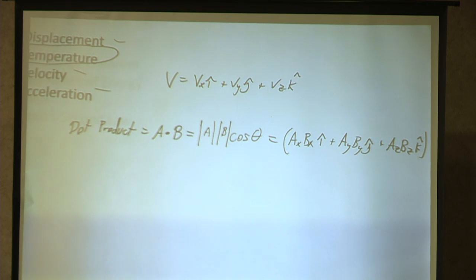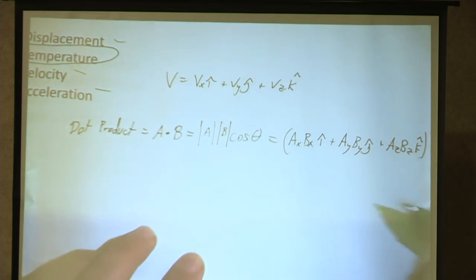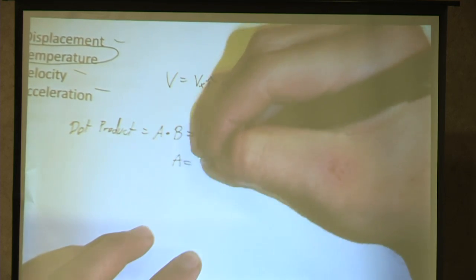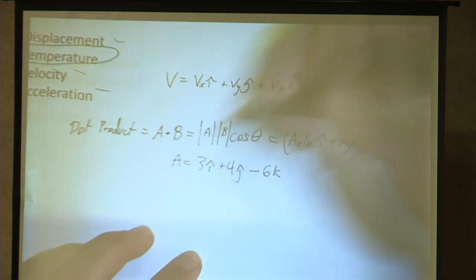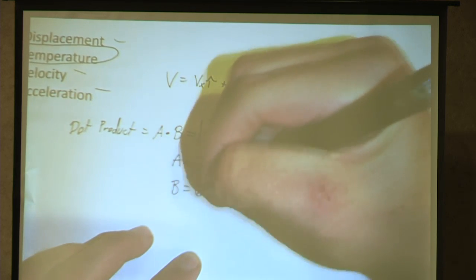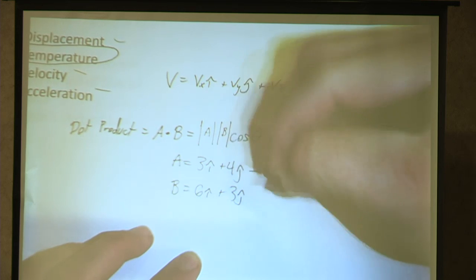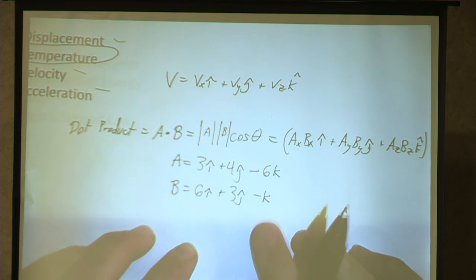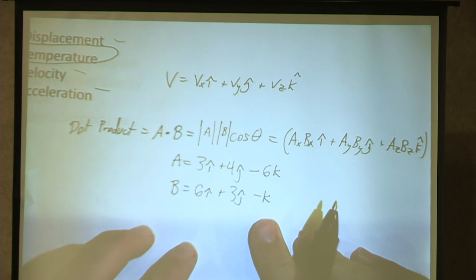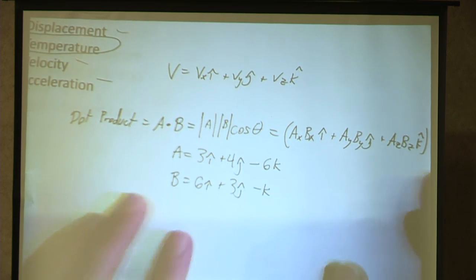Yeah, but you were given something like that and then said find A cross B? Okay. And you're in Physics 1 honors, normal? Okay. So I'm gonna go over it then.